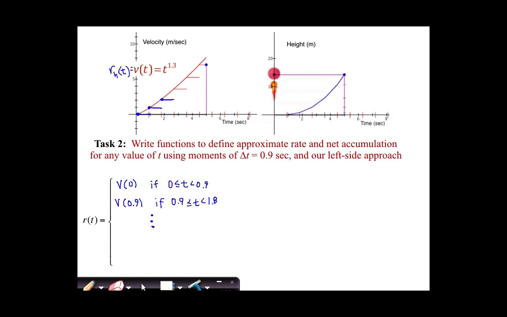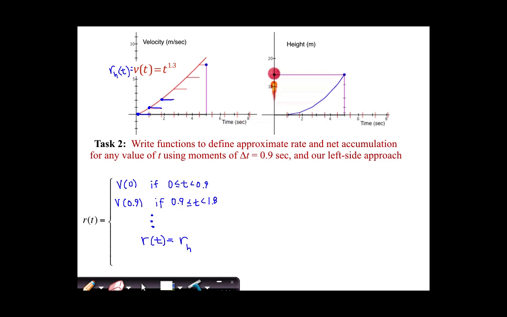But thinking about that idea of left that we just talked about, there's a way I could write this whole piecewise function in one line. Just as a sentence, the approximate rate is always based on using the exact rate from the left end of the interval that we're in. So the approximate rate is always based on the exact rate, r sub h or v, at not just t, but at the left end of the interval we're in.